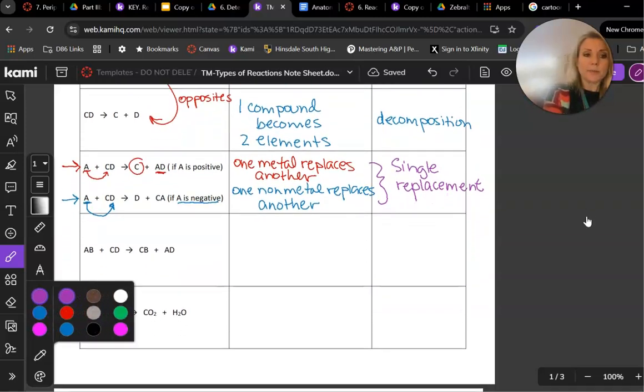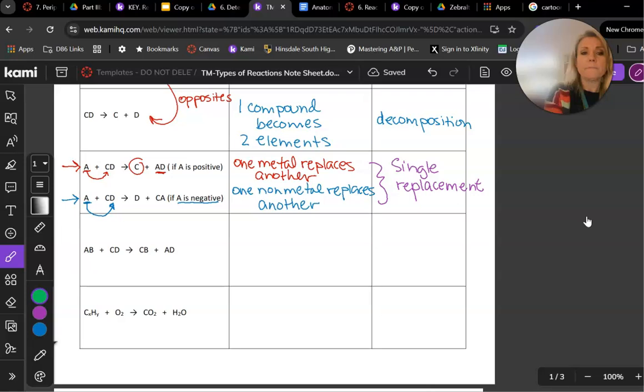Moving on to our next one, let's pick a different color here. Now what happens here is that our metals or our cations are going to switch places. So if we look at our reactants, A and C are going to swap places, and we end up with two new compounds.